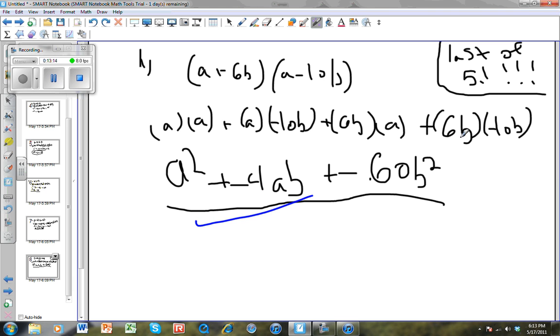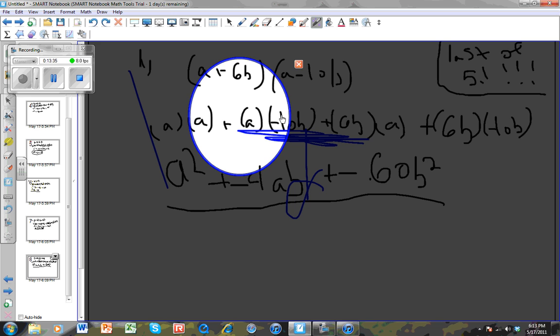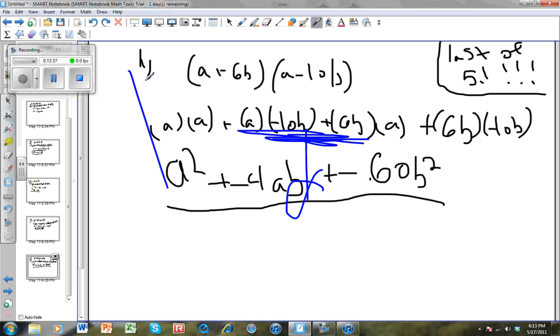Then 6b times negative 10b is negative 60, and then you square the b. So for these two you add them, which I did. Done! Done! That's not a circle, that's a D. Done!